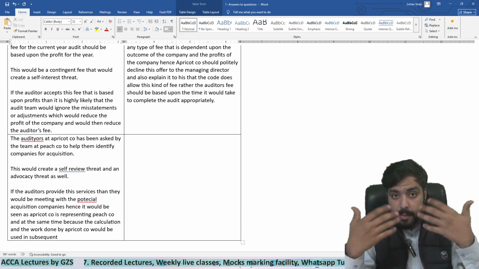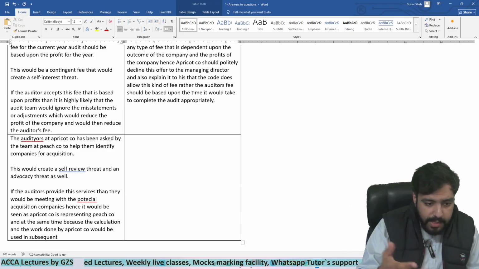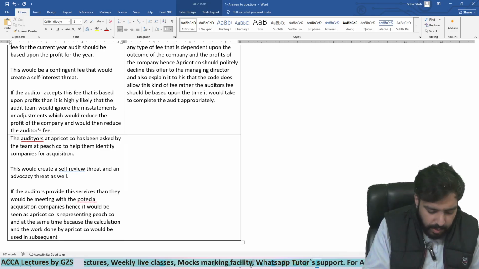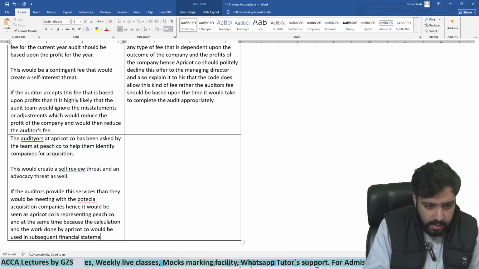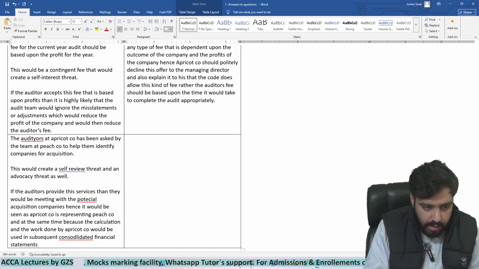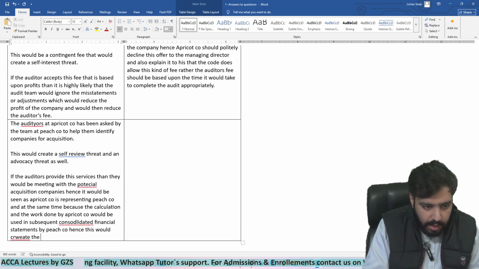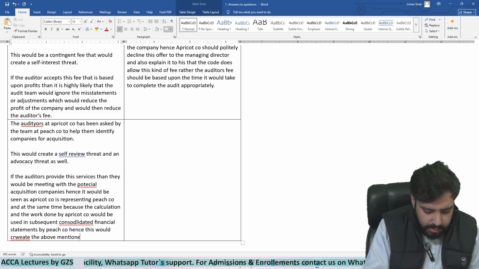This is proper grammar in English. If some of you don't know, this is how you write it down. It would be used in subsequent consolidated financial statements by Peach Corporation. Hence, this would create the above mentioned threats.